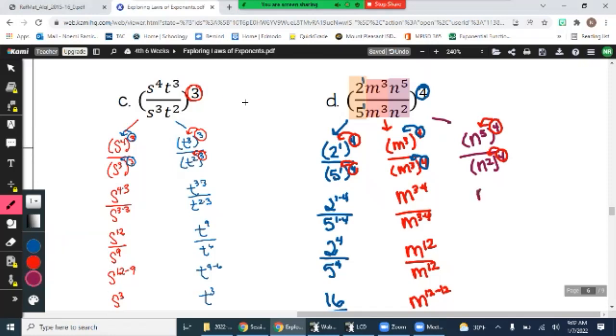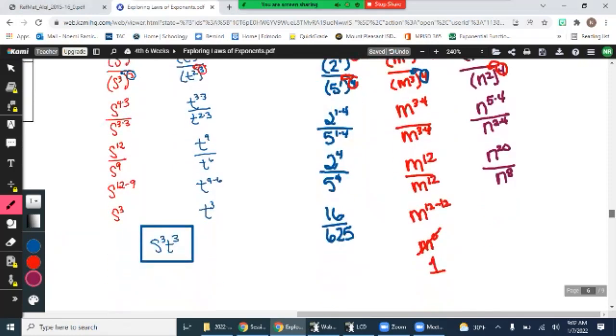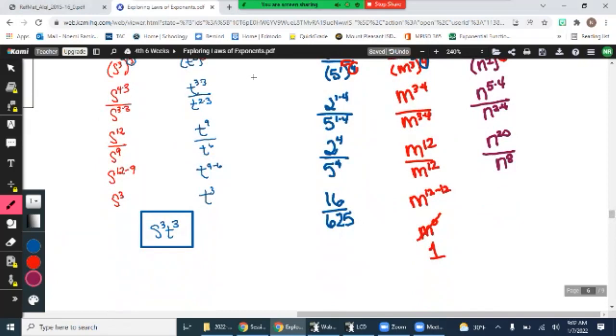So that gives us n to the power of 5 times 4 over n to the power of 2 times 4. 5 times 4 gives us 20, and 2 times 4 gives us 8. You're dividing two powers with the same base, so you subtract the exponents, and 20 minus 8 will give you 12.